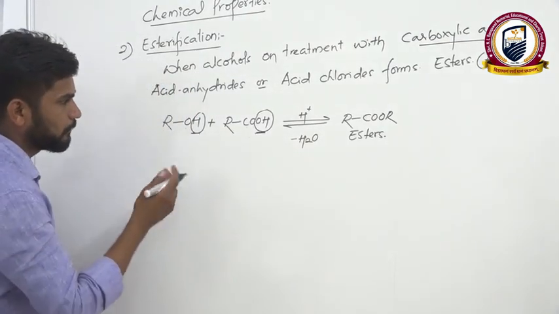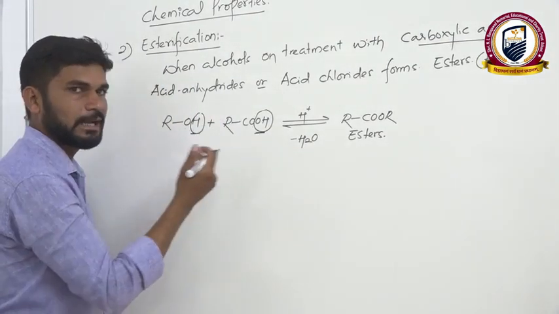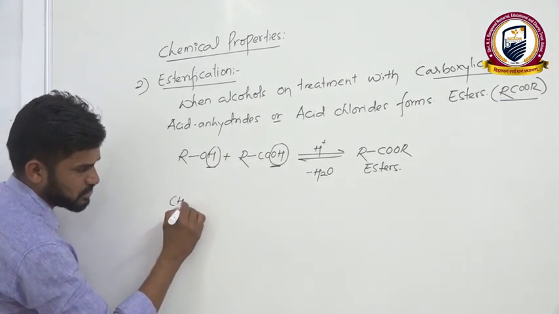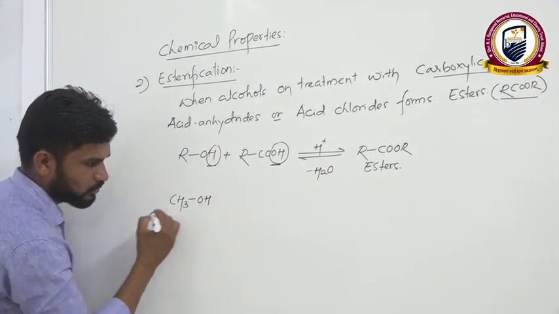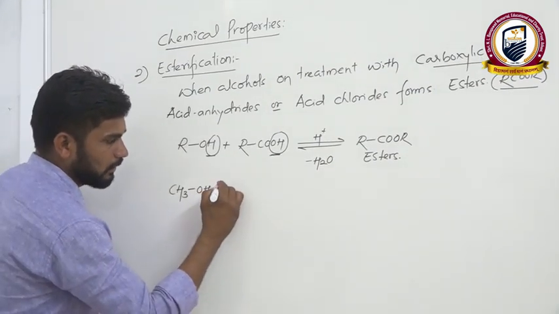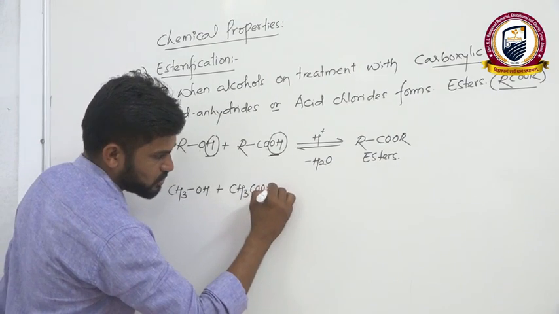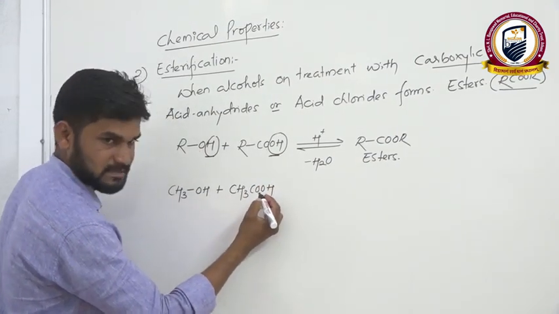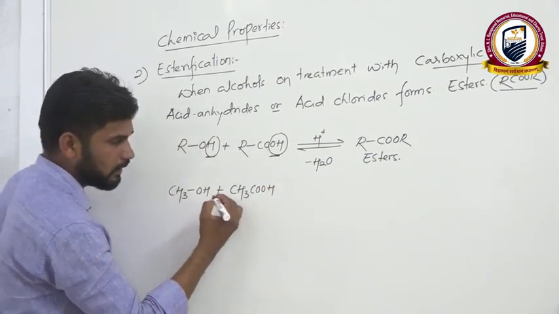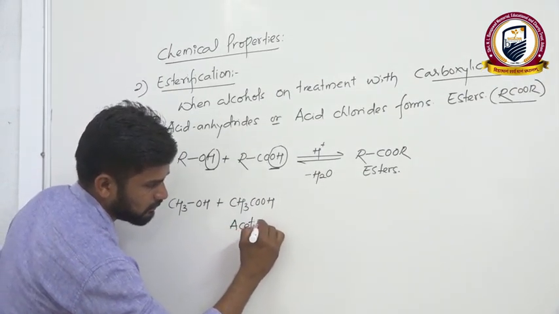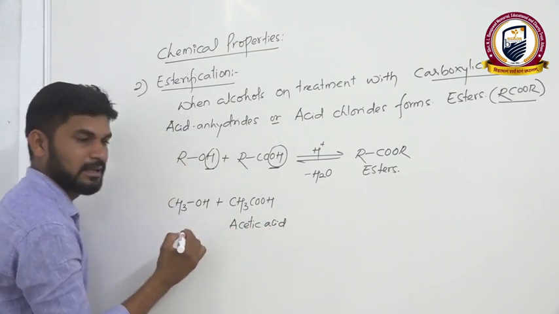We can go for an example. Replace this R group by any kind of alkyl group. I will take CH3OH, which is called methyl alcohol. It is treated with CH3COOH, which is called acetic acid.